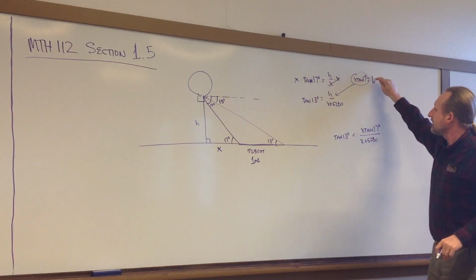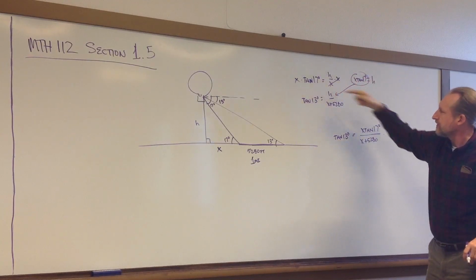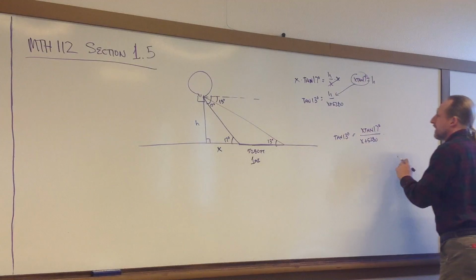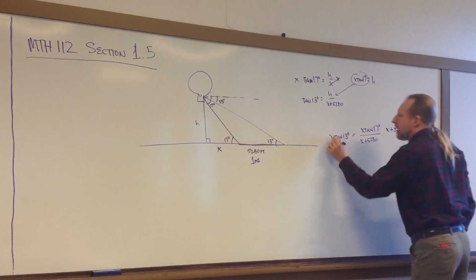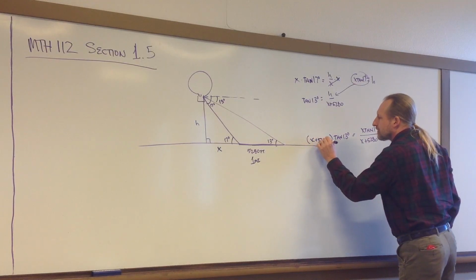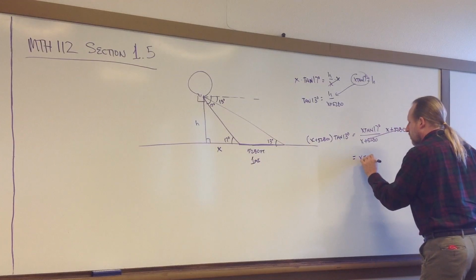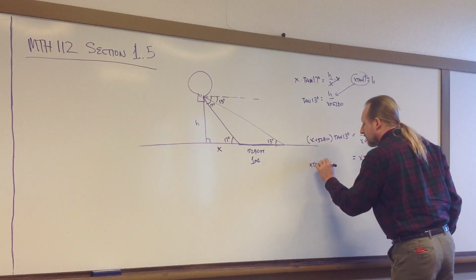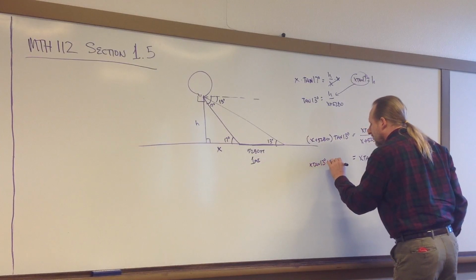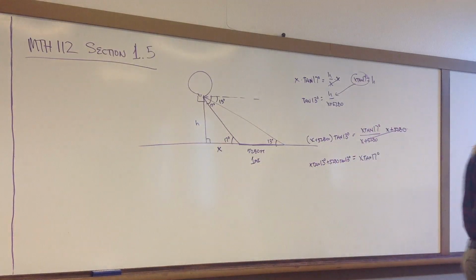Second step is to isolate the h, and then plug this x tangent 17 degrees in for h in the second equation. Now that I've done that, I'm going to multiply on both sides by x plus 5,280. And so this will be x tangent 13 degrees plus 5,280 tangent 13 degrees. So let's do some approximating.